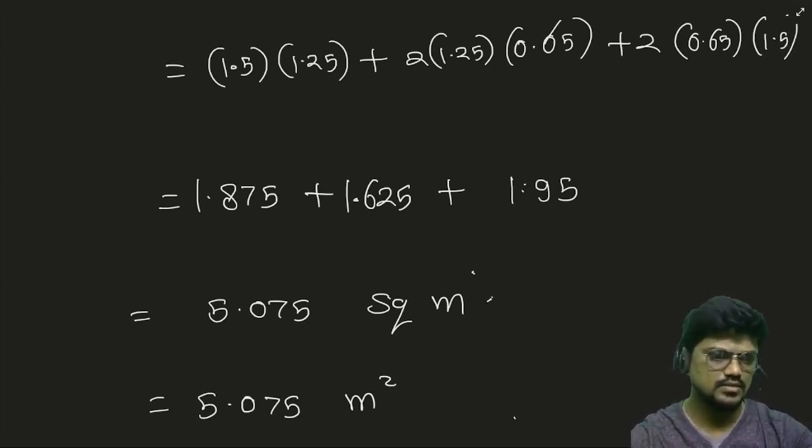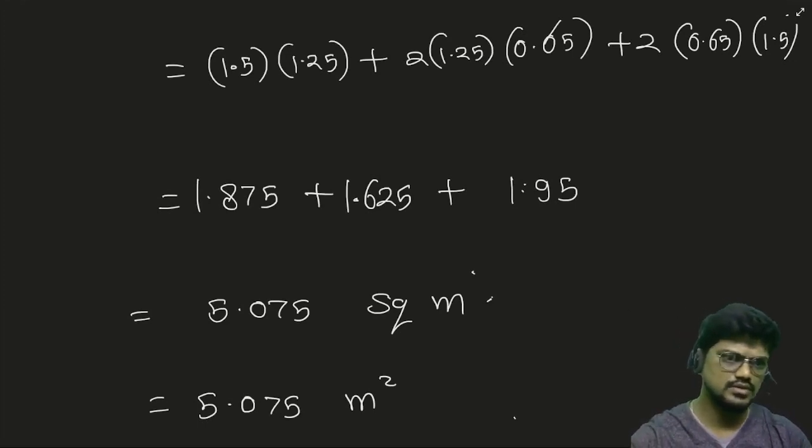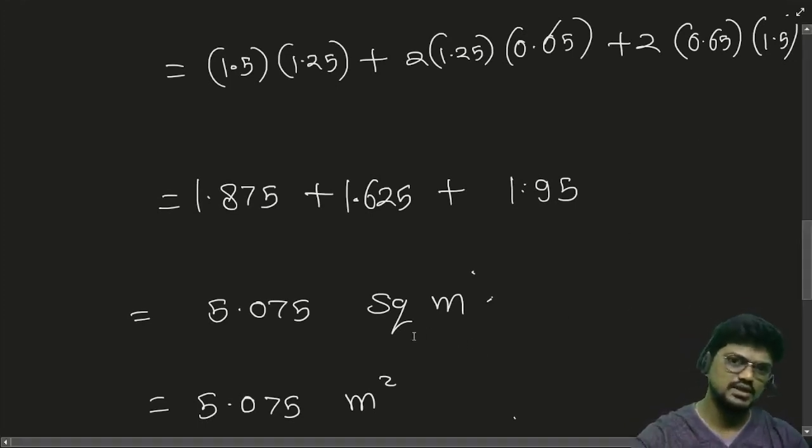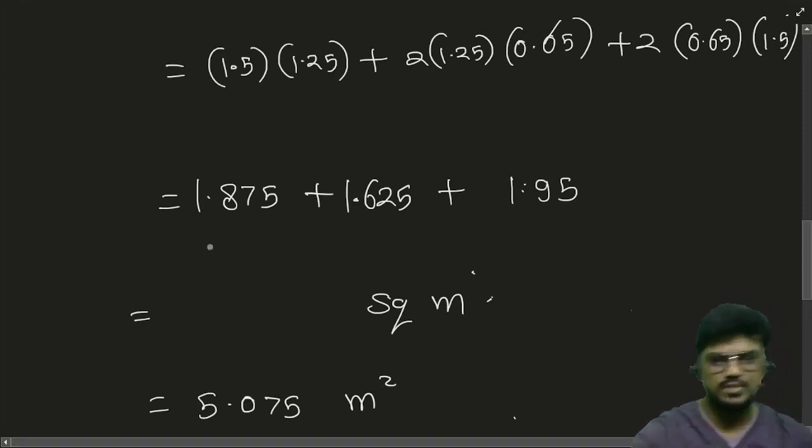Sir, 1.95 is correct. Wait, just a moment. 1.875 plus 1.625 plus 1.95 gives you 5.45. Yeah, the addition of this we made wrong. This will be 5.45.